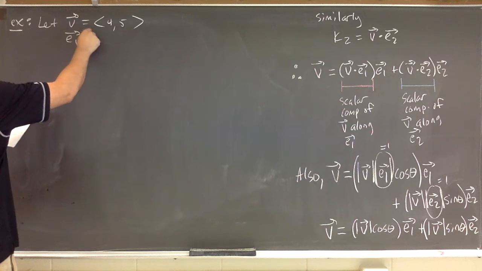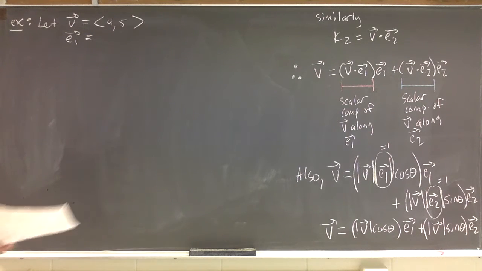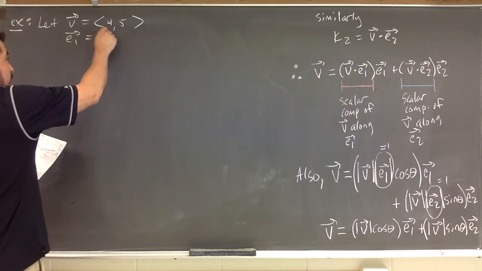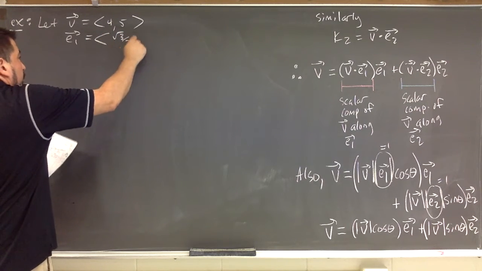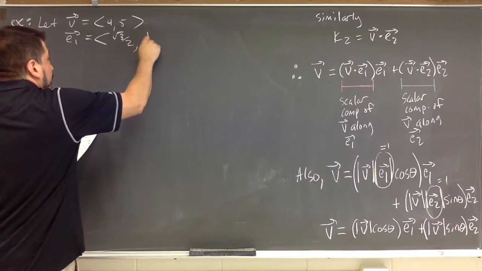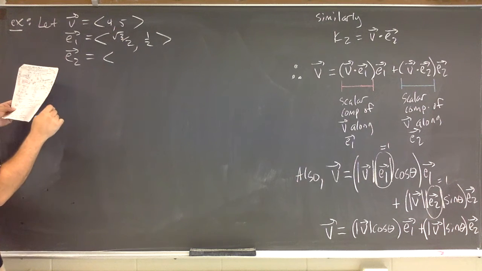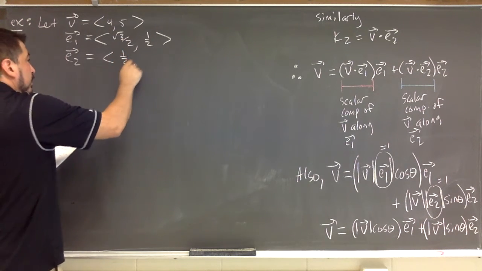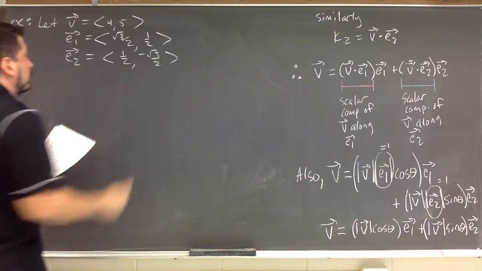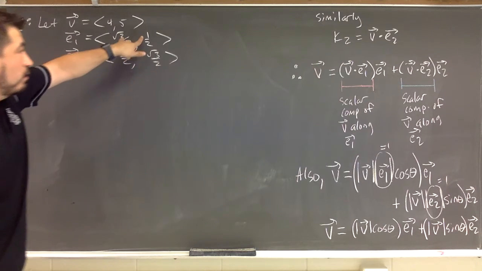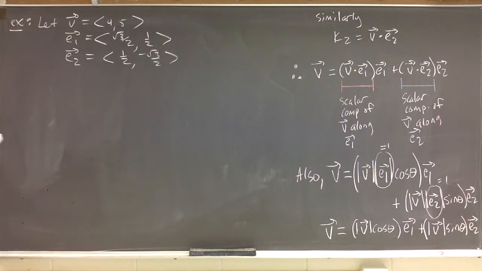In this case, you are being told what directions to use for the decomposition. And here are the unit vectors in those two directions. We'll go root 3 over 2, 1/2 for the first unit vector's components. And for the second one, 1/2, negative root 3 over 2. Now, if you didn't have unit vectors, but you had just plain vectors, you're going to want to normalize these first so you can find out what the unit vectors look like.